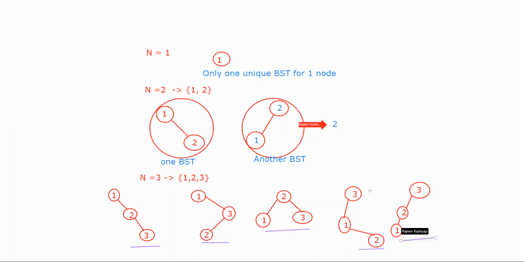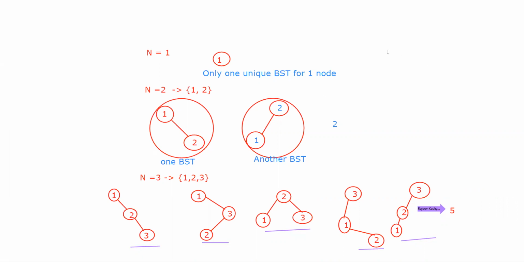So it means I can create 5 BSTs if we have n is equal to 3. How many BSTs can I create? I can create 5 if I have n is equal to 3. So do we also have a formula for finding this number of counts?